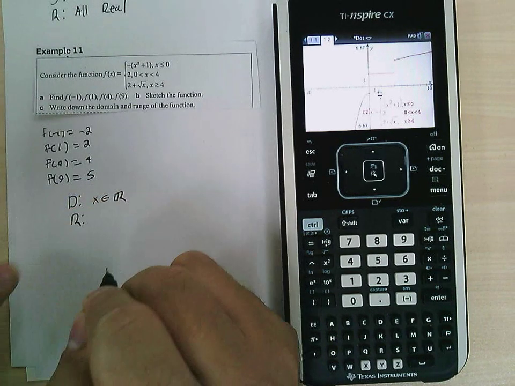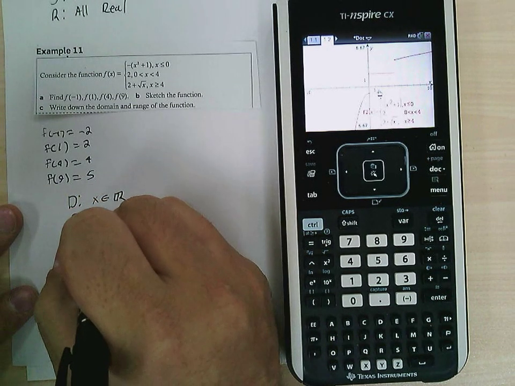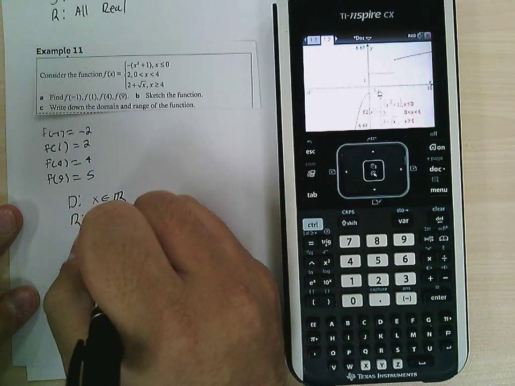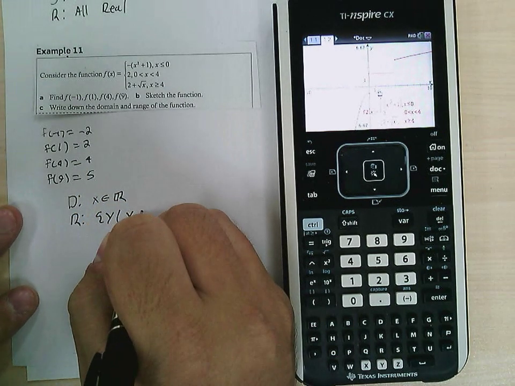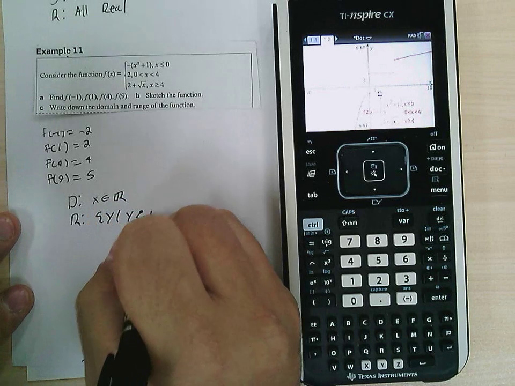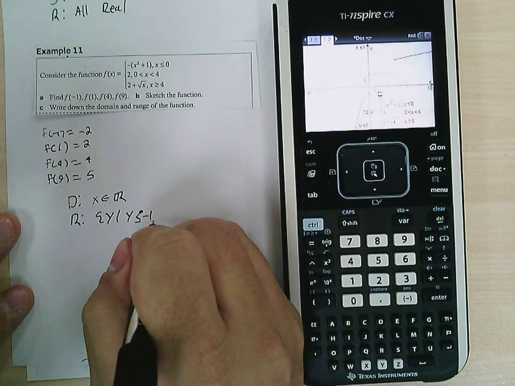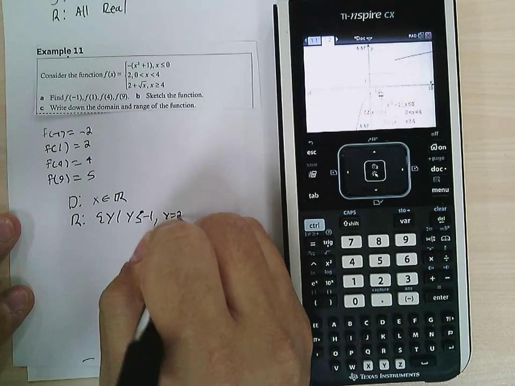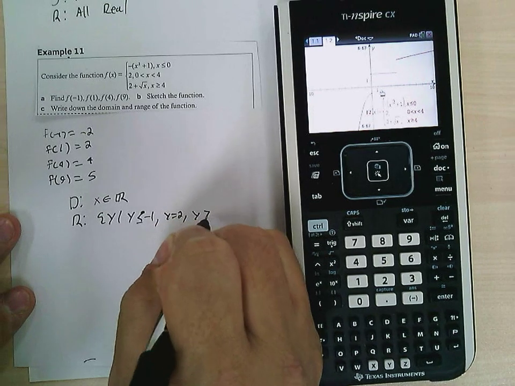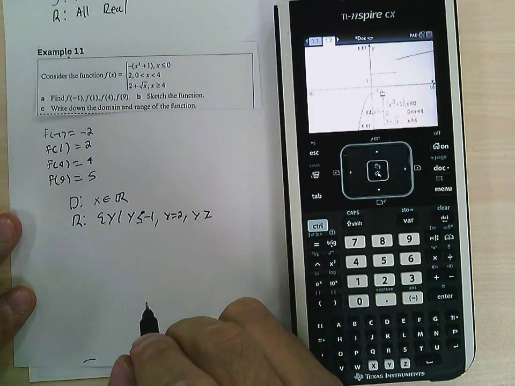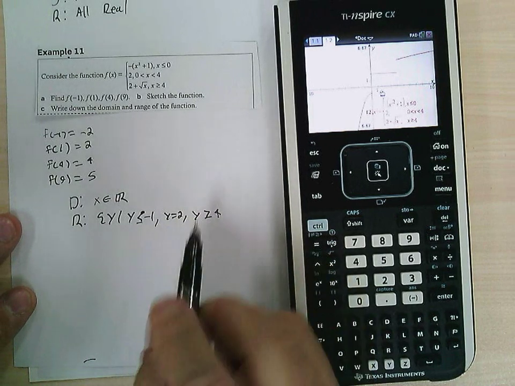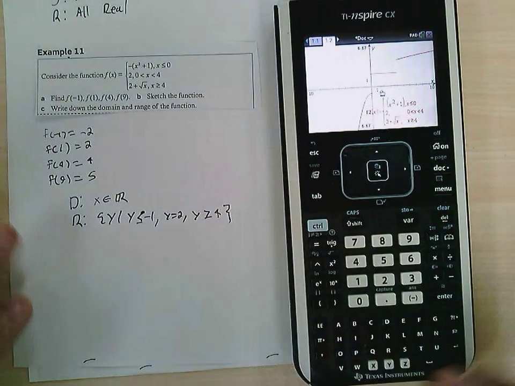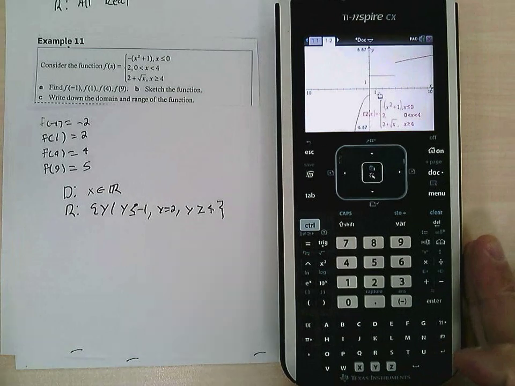And the range is going to be y such that y is less than or equal to -1, y is equal to 2, and y is greater than or equal to 4. And that gives us our domain and range. Sound good? All right, thanks.